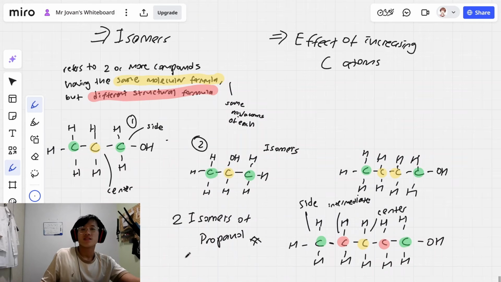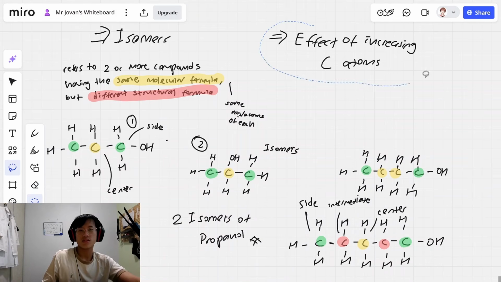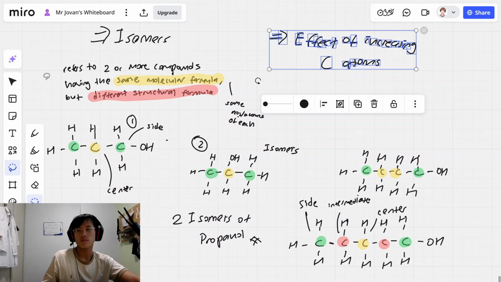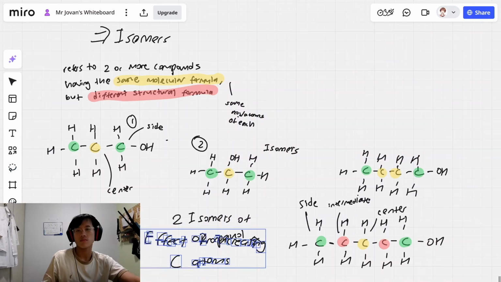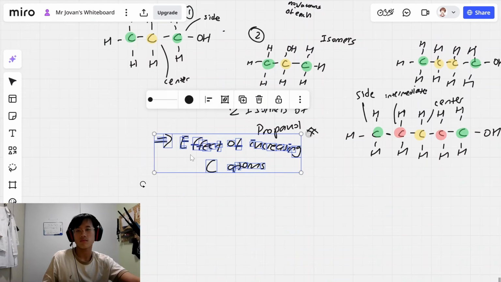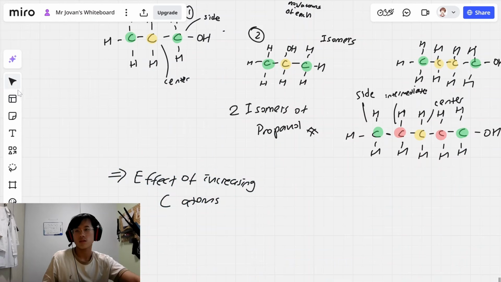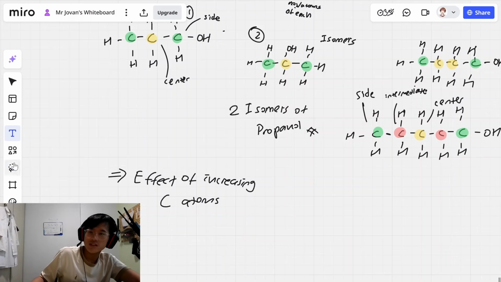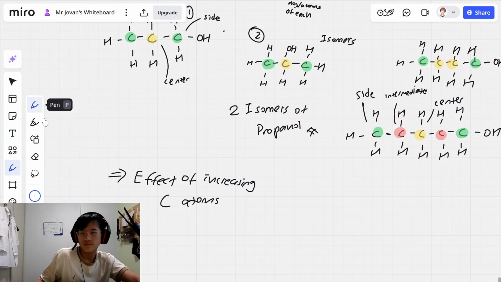Now, we're going to talk about the effect of increasing carbon atoms. Let me bring it to the bottom. Now this is going into memory work, but we can try to understand instead of just memorizing, so it's going to be so much easier.